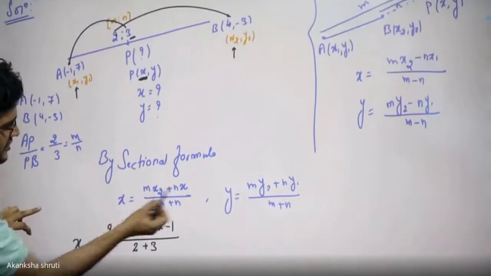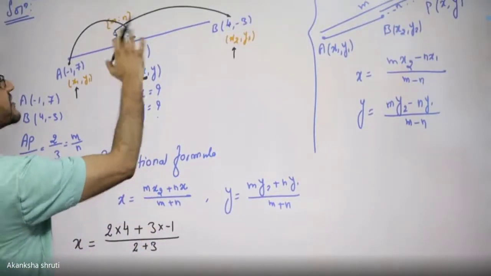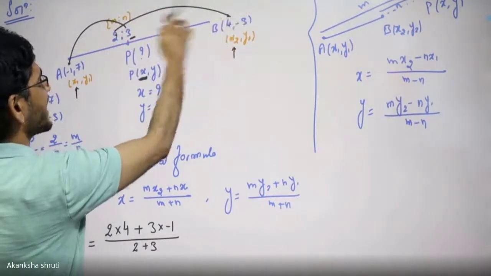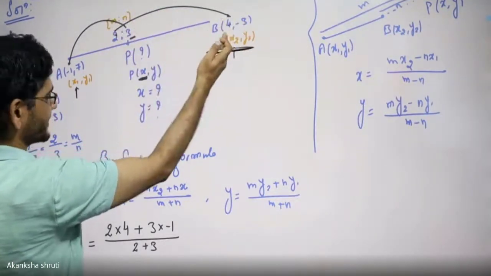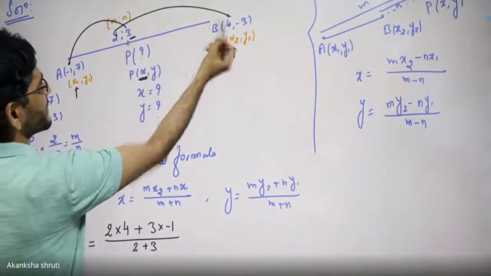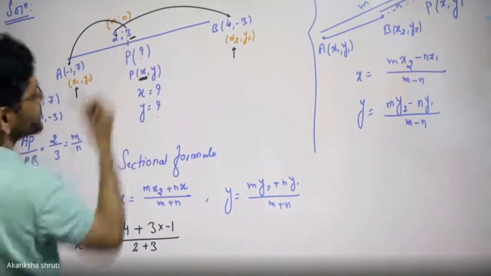So rather than substituting this, just by observing this rough diagram, we can quickly write it in the formula form very easily and save time. So that's why 2 multiplied by 4 plus 3 multiplied by -1, divided by 2 plus 3.